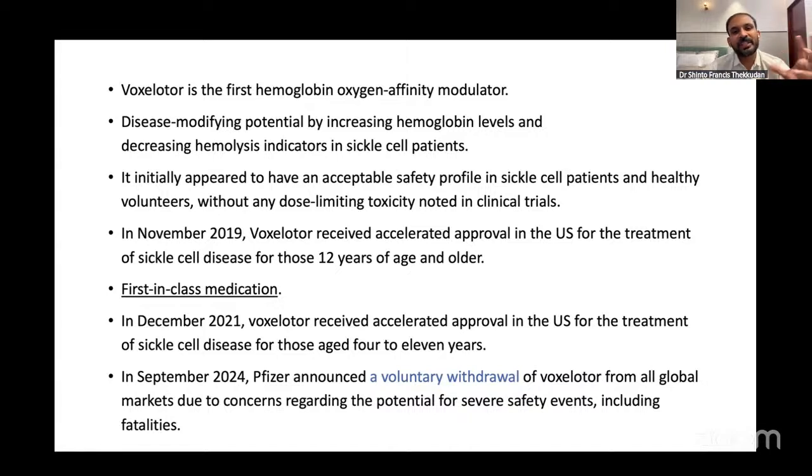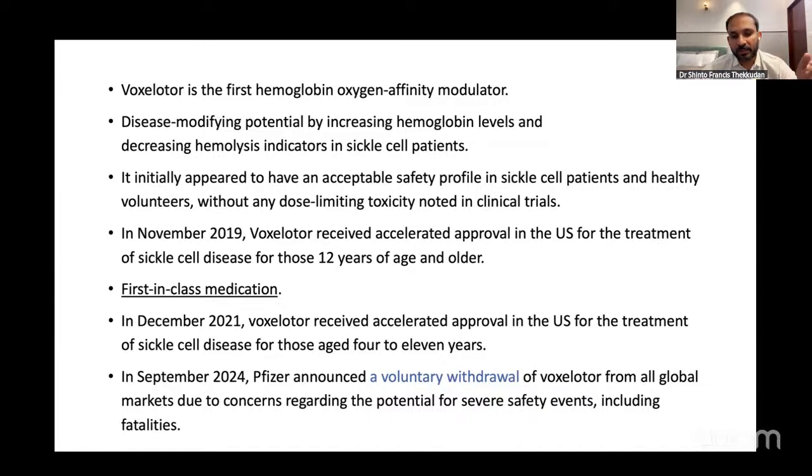It seemed to have a quite acceptable safety profile. It received accelerated approval by the FDA in November 2019 for 12 years and older, first-in-class medication. And in 2021, it was approved for pediatric patients 4 to 11 years also.